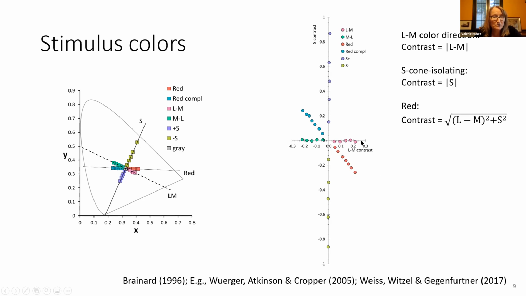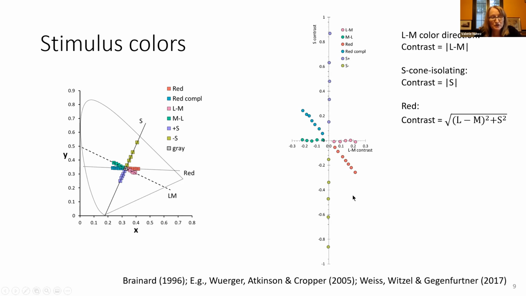Here, the x-coordinate is the L-M cone contrast, and the y-coordinate is the S-cone contrast. In the L-M direction, L-cone excitation is equal and opposite to M-cone excitation, and the S-cones are not excited compared to the background. In the S-cone isolating direction, L and M cones are not excited compared to the background, and only the S-cones are excited.